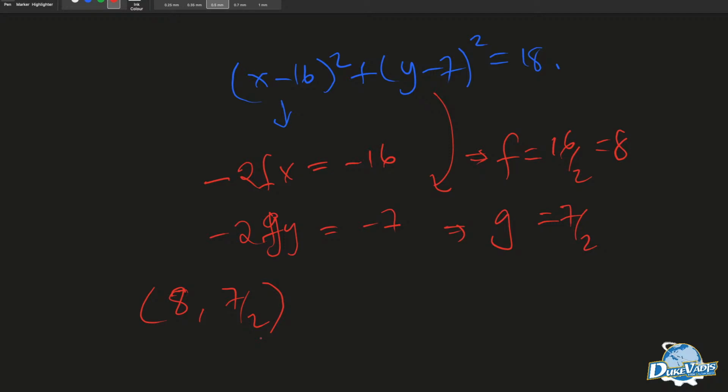So how do you find the radius of the circle? Now we know our c.